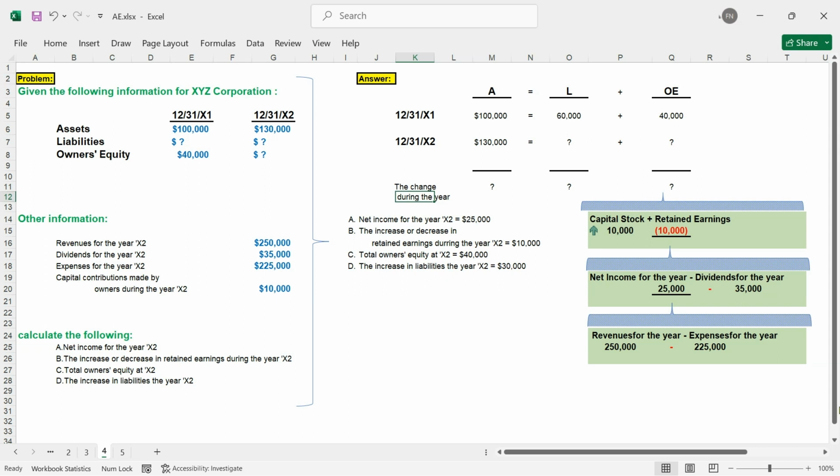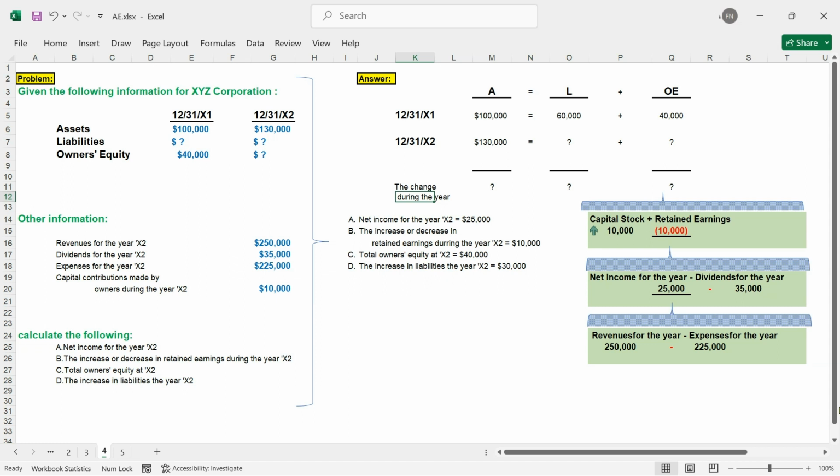In fact, one of the numbers that I'm supposed to calculate for the solution of this problem is the ending balance of owner's equity. And at this point in time, I don't have enough information to make that calculation. And some people may say, well, gee, where do I go from here? But let's go ahead and see what other information we can derive given a more expanded application of this diagram.